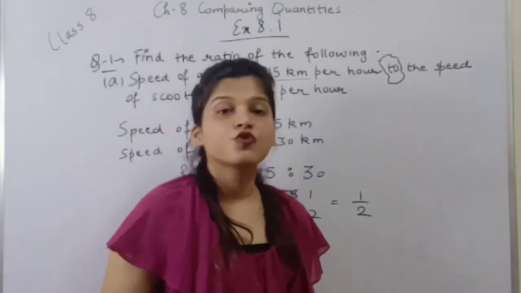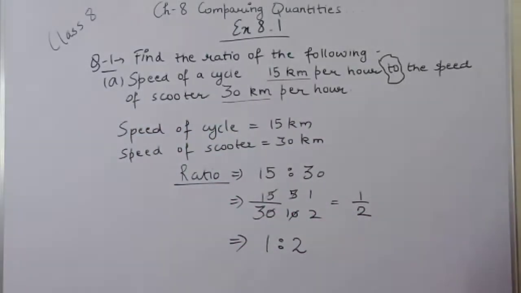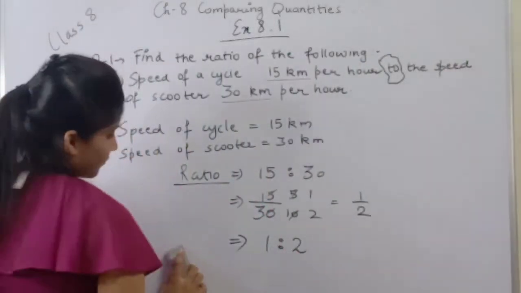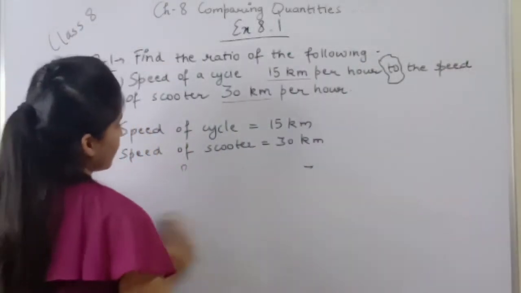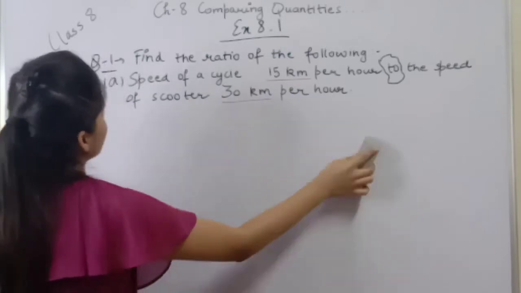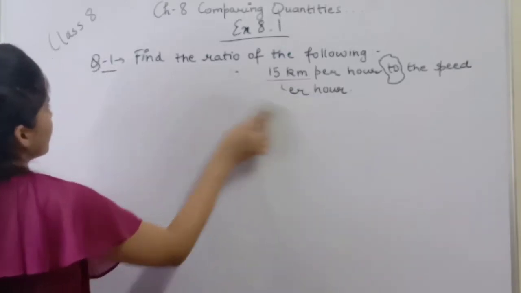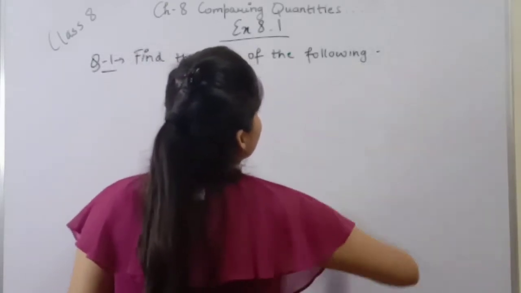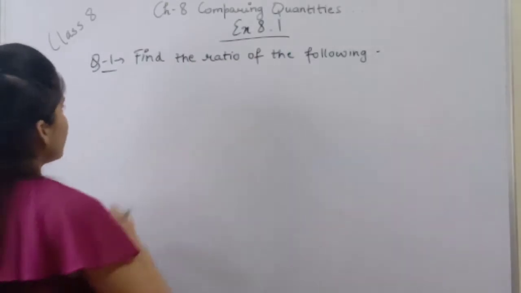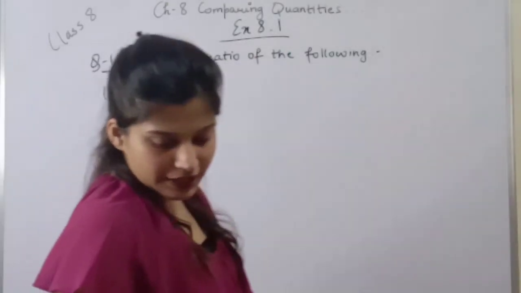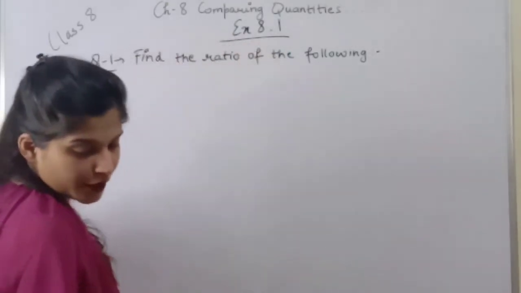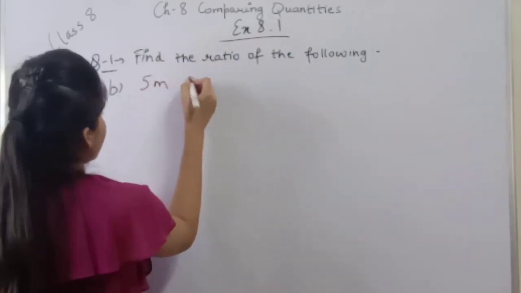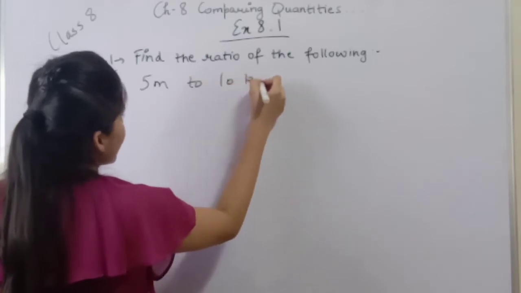Now let's come to B part. B part is 5 meter to 10 kilometer.